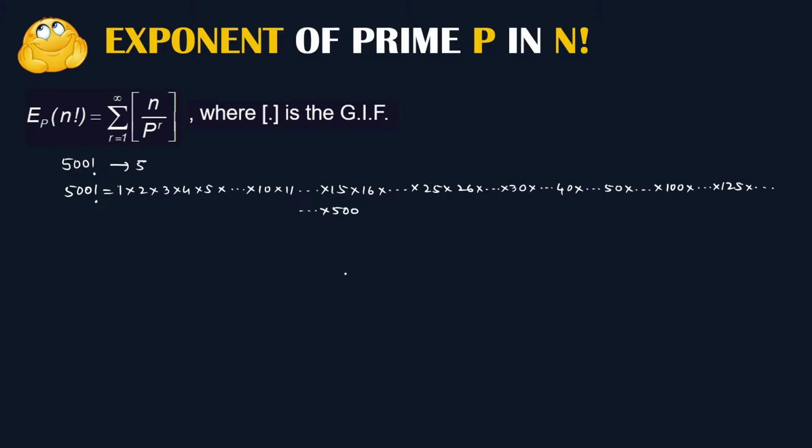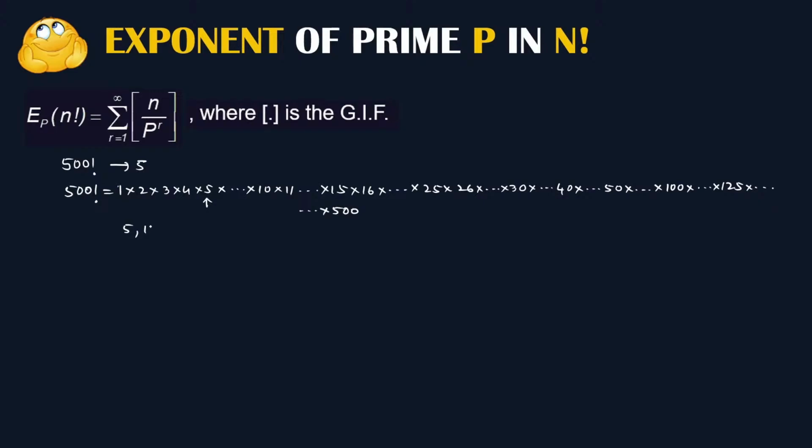Now I want to simply find out how many numbers in factorial 500 are multiples of 5. What are those numbers?